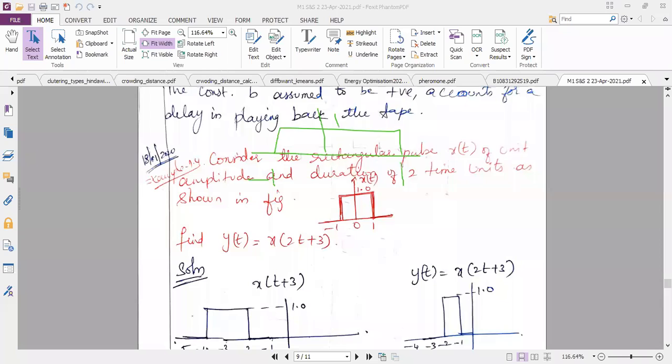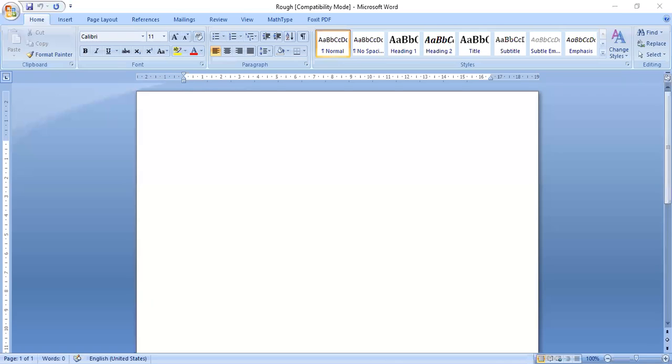This is my x of t. Is it a PDF only? Okay. Now, is it the white screen?